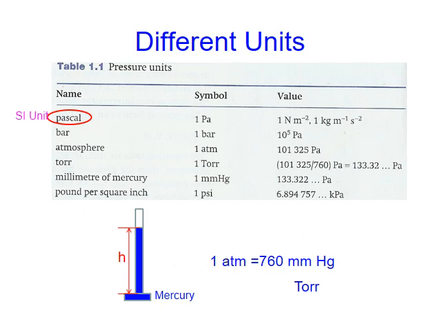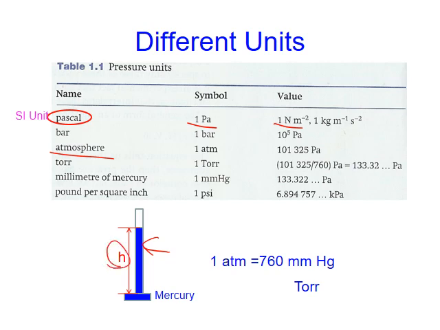Here shows a list of pressure units commonly used in engineering. The SI unit is Pascal. 1 Pascal equals 1 Newton per meter squared. Another commonly used unit is atmosphere. The pressure of 1 atmosphere can be measured by a tube filled with liquid mercury.